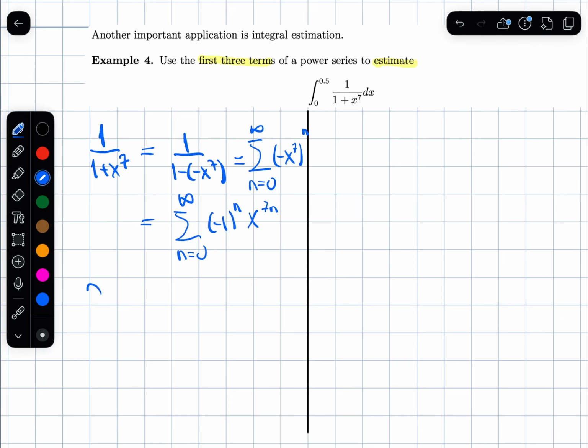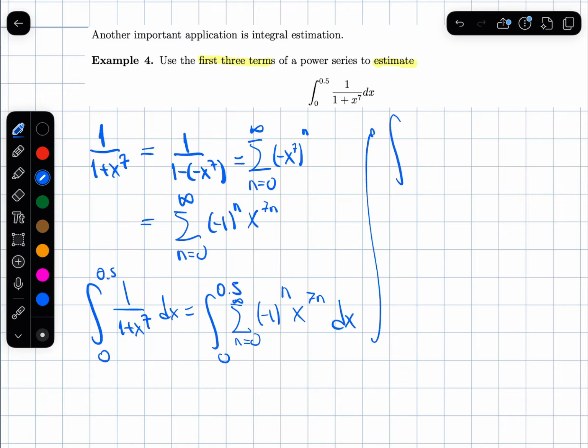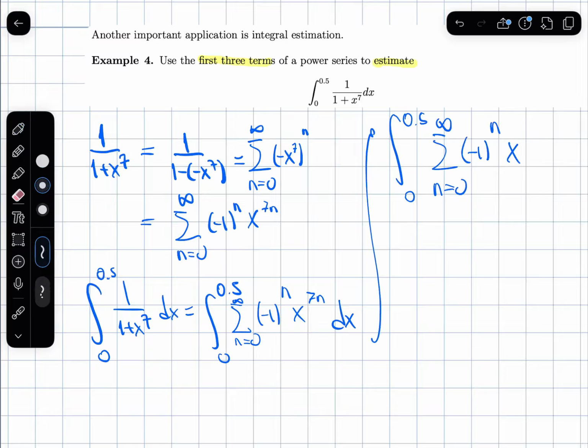So by taking this integral, I can just take the integral of the series instead. So term by term, I'm going to integrate.